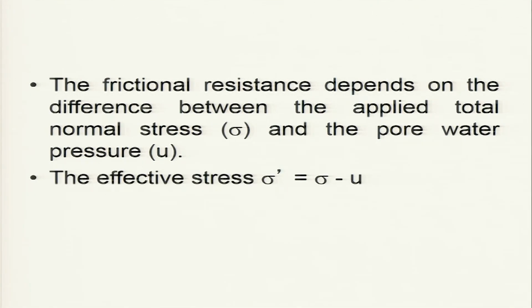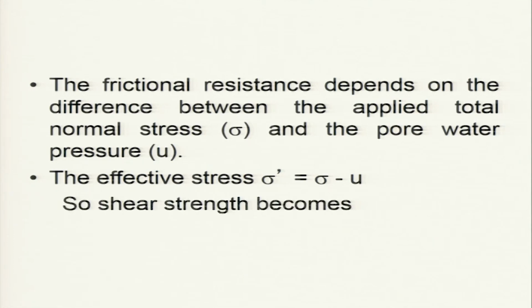The effective normal stress will be the normal stress minus the pore water pressure, that is what we were talking about, the buoyancy effect. So, the shear strength becomes this one. This component comes in where you have the sigma prime, and this will also affect, as I was saying, the strength and internal friction.